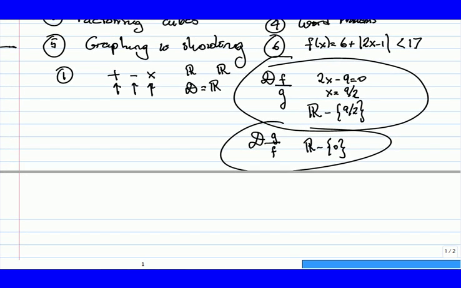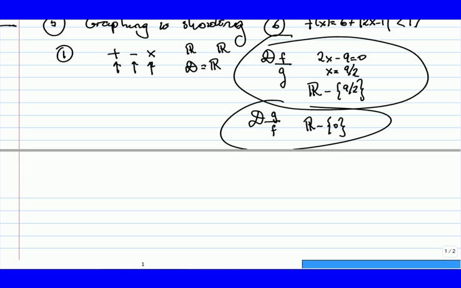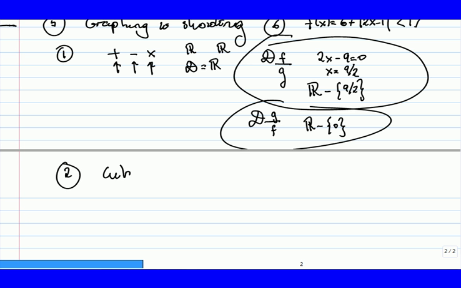Factoring cubes, question number 2. You asked me about this. Since you're going to have a closed book exam, you have to memorize the cubes. You have to memorize the factorization of a cubed plus b cubed and a cubed minus b cubed. Did you memorize those?